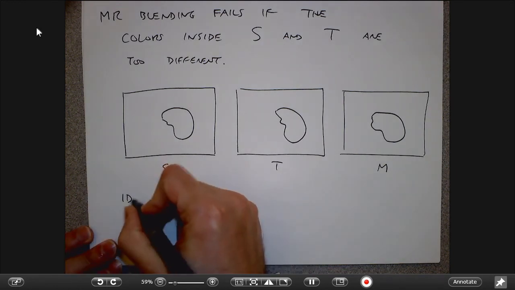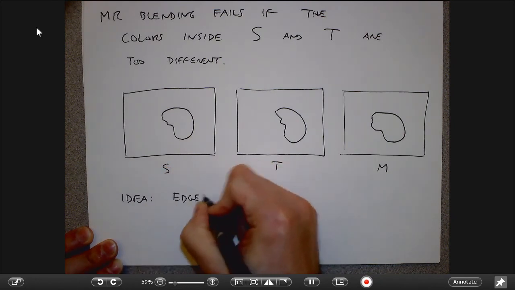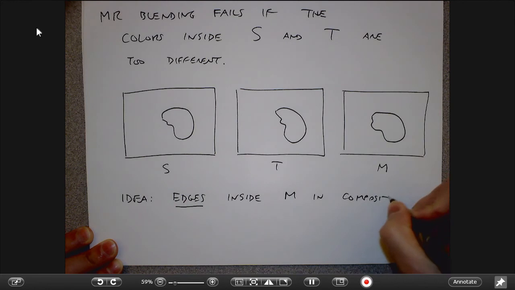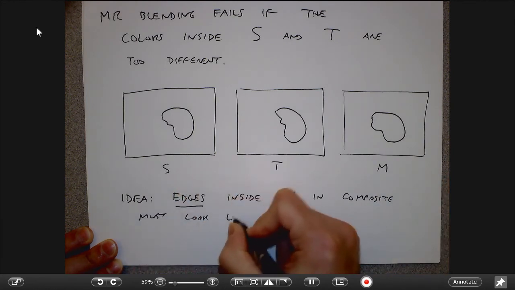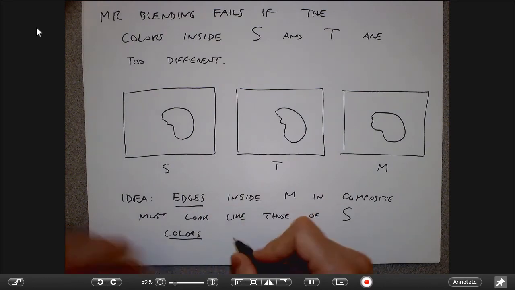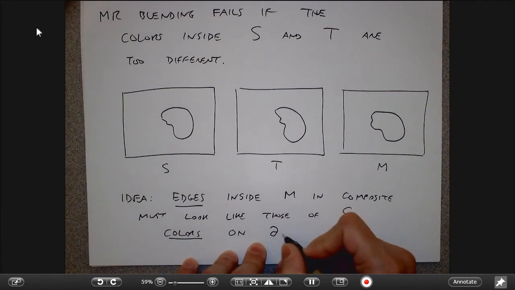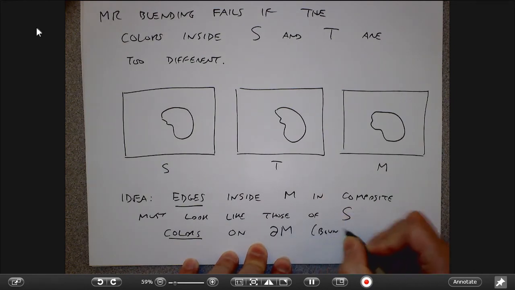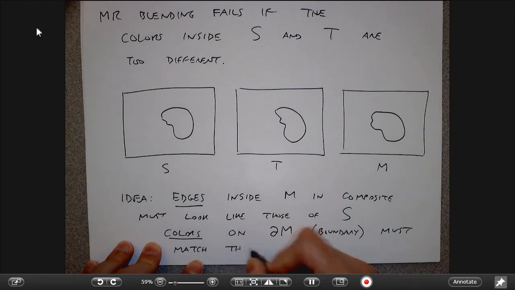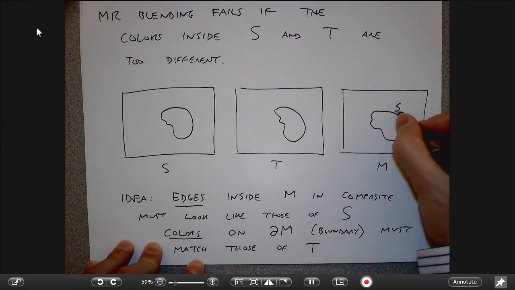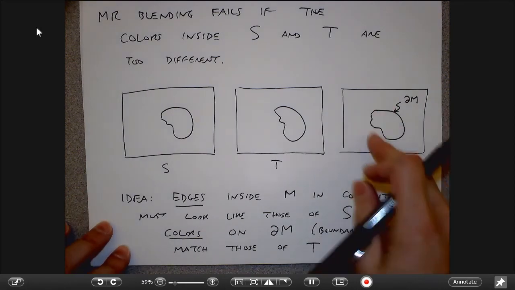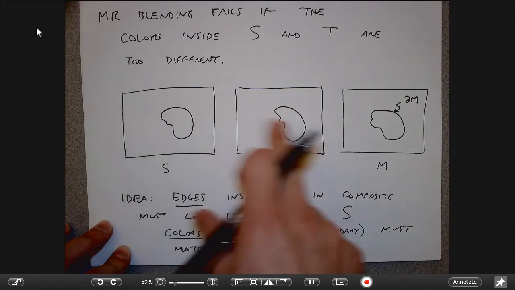And so the idea is, the edges inside M in the composite must look like those of S. And the colors on the boundary, so this little weird notation means the boundary, must match those of T. So that's like saying that inside the mask I need the edges to look right, and then right on the boundary of the mask, when I take this chunk and put it in here, there can't be any mismatch at all.